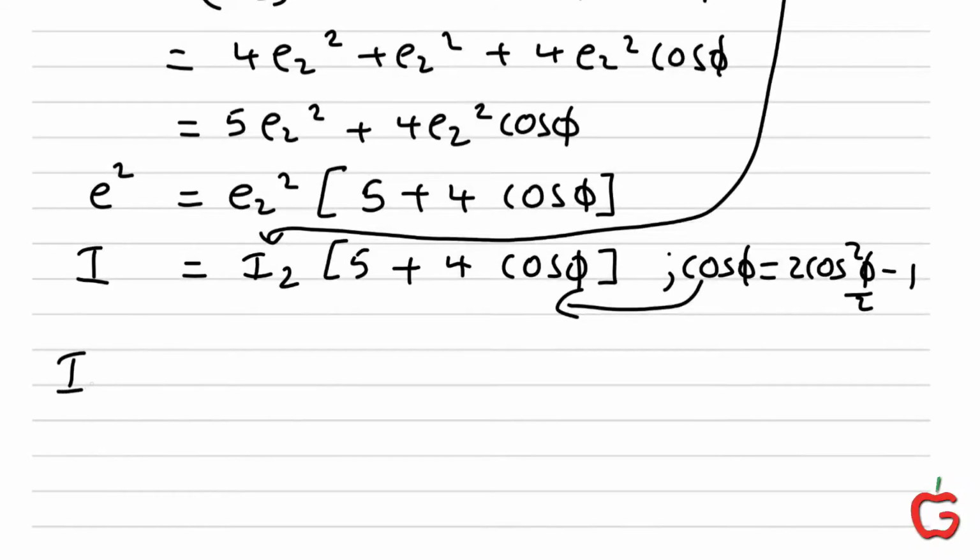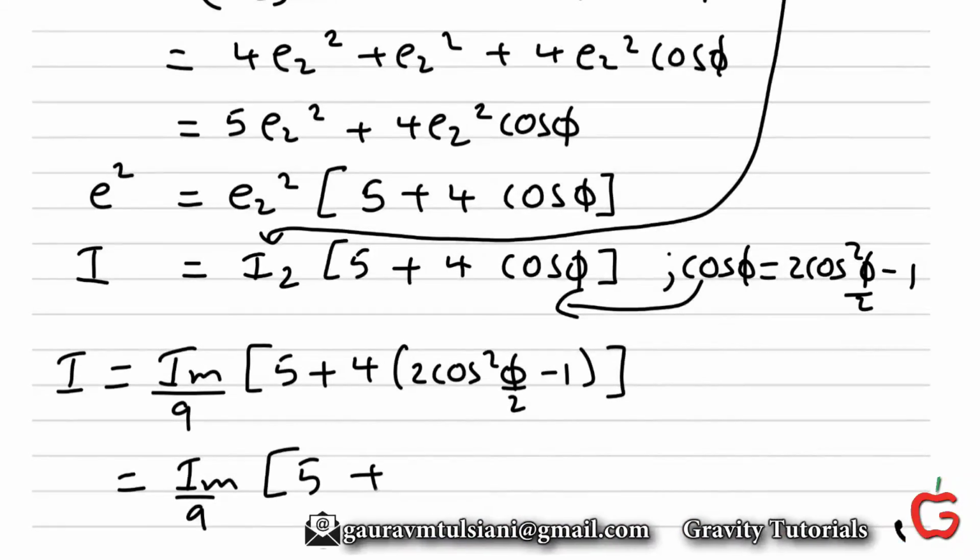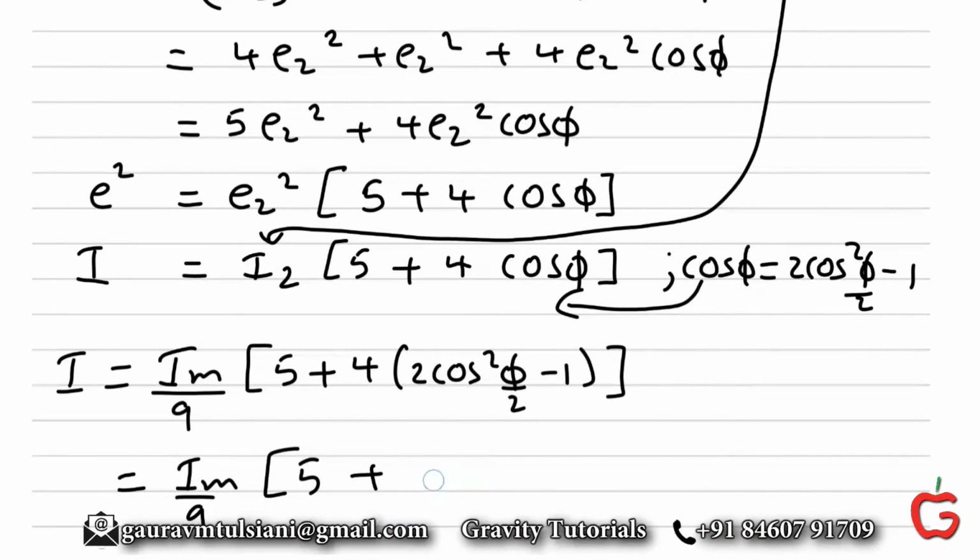So the general equation of intensity is I maximum over 9, times 5 plus 4 times 2 cos square phi by 2 minus 1. So simplifying this gives us 5 plus 8 cos square phi by 2 minus 4.